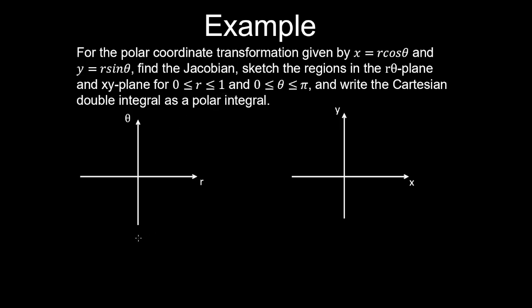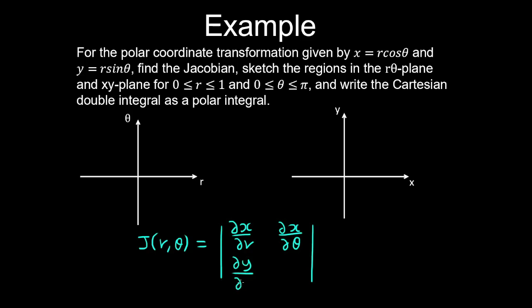We'll recall that the Jacobian for the transformation is equal to the determinant of the partial of x with respect to r and the partial of x with respect to theta and the partial of y with respect to r and the partial of y with respect to theta.